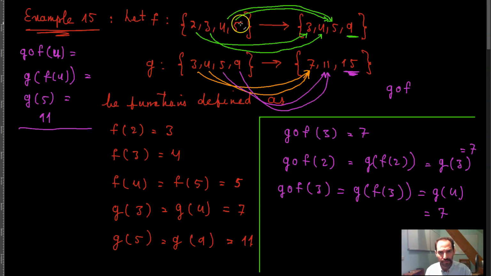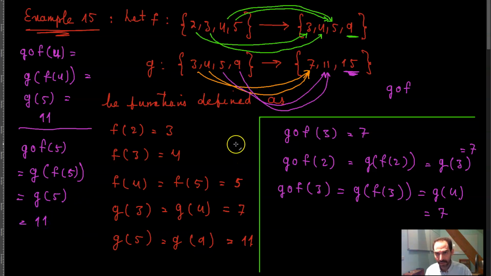Now g∘f of 5 is the same thing as g of f of 5, which is equal to, now f of 5 is equal to 5, so that's g of 5, and g of 5 is equal to 11, so that's equal to 11.